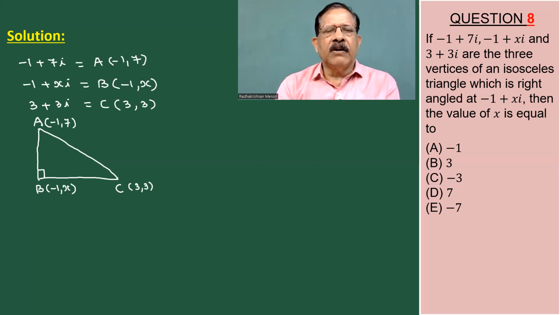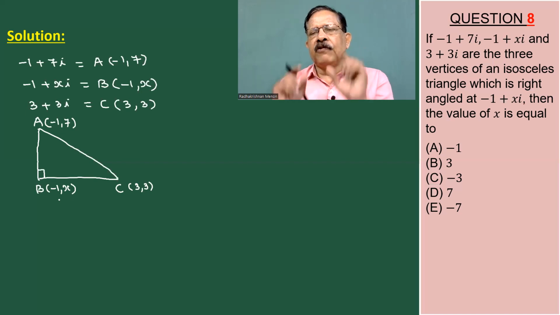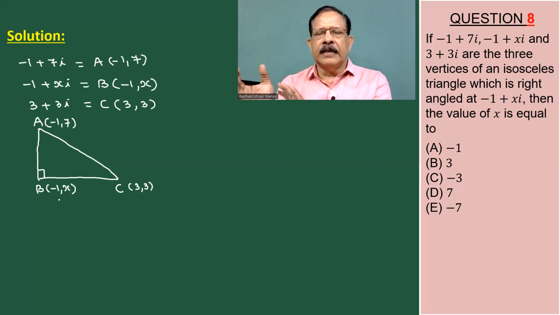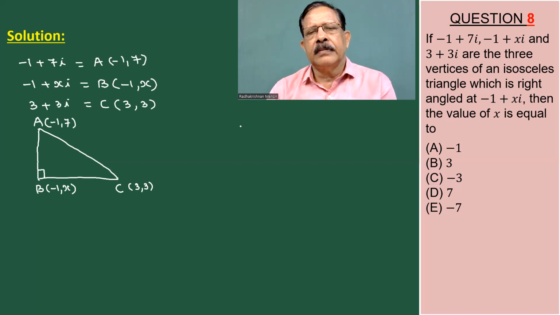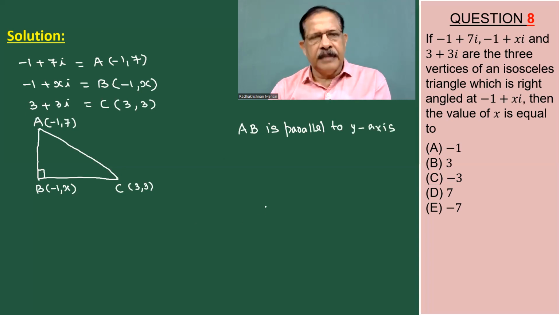When you observe the coordinates of A and B, the x coordinates are equal. For 2 points, if the x coordinates are equal, that line is parallel to the y axis. So AB is parallel to the y axis, because the x coordinates of those 2 points are the same.